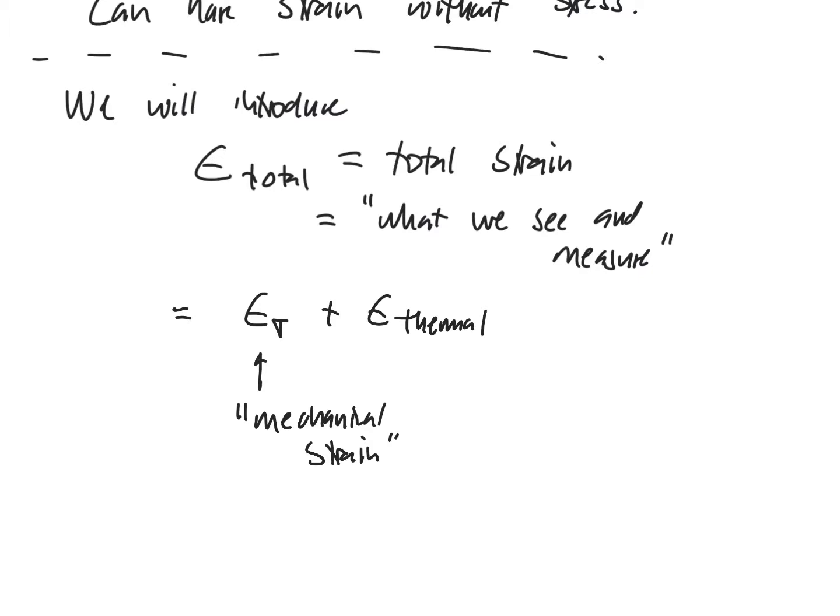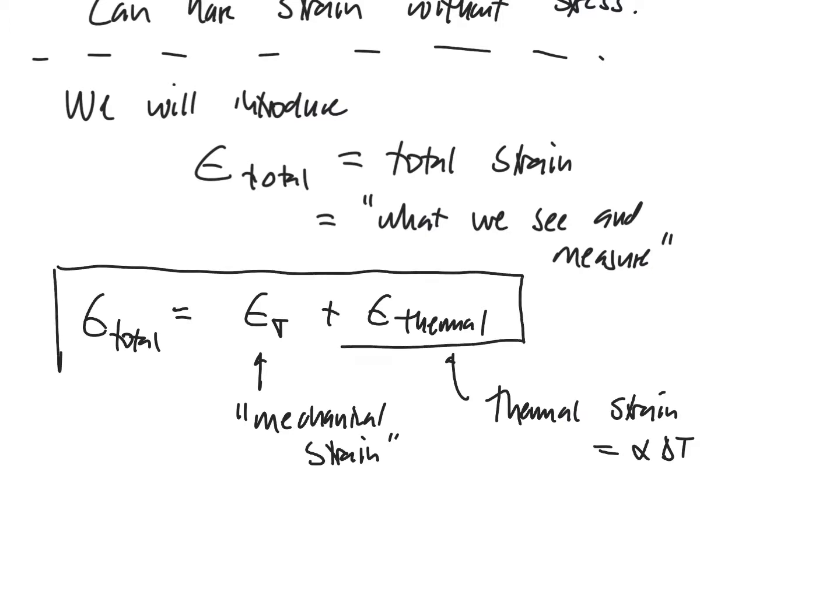So there is a force that's causing a stress that causes a strain, and that's referred to as mechanical strain. This is the one that we just measured. This is our free thermal strain, but we'll also just abbreviate it as the thermal strain, which is equal to alpha delta T. So the total strain, what we see and measure, is broken up into mechanical strain and the thermal strain.